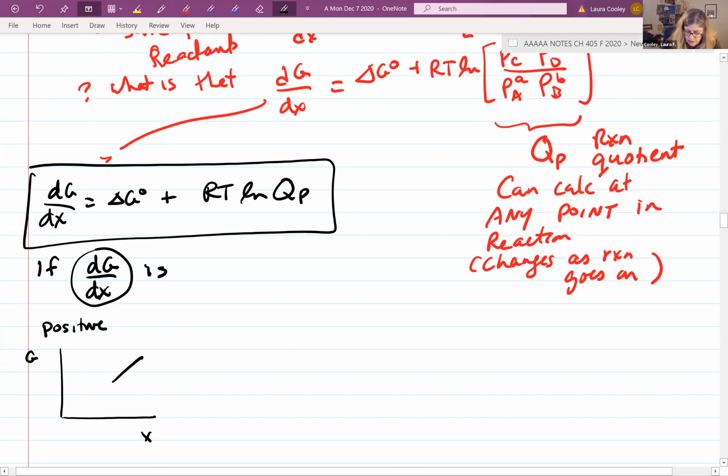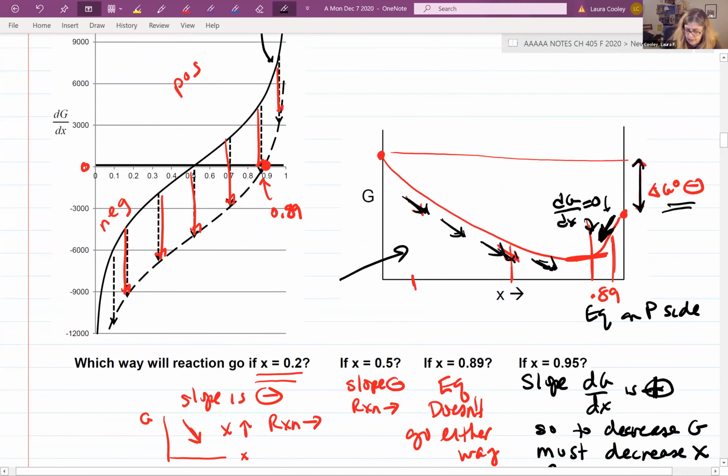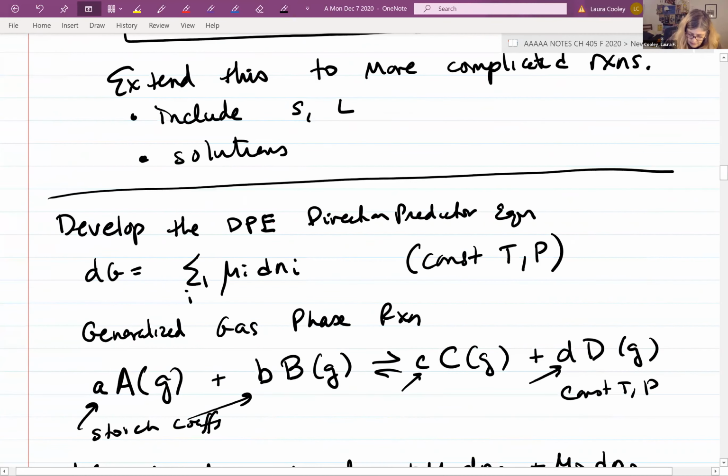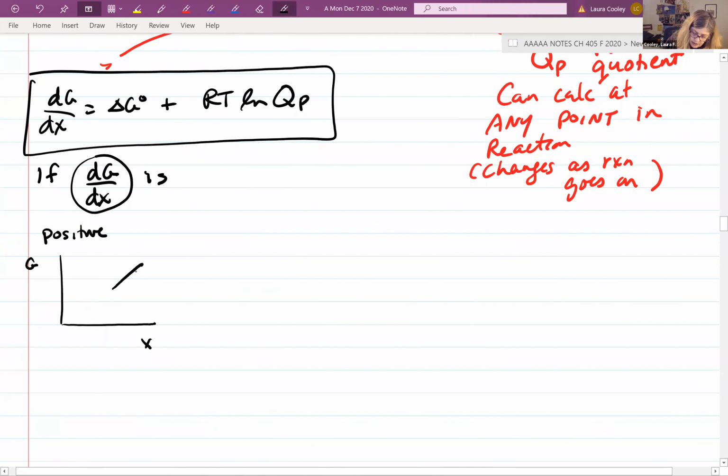It's going to look something like this. But if it has a positive slope, what does that mean? That means that in order to decrease G, the reaction is going to have to go in reverse. So to decrease G, which is what the second law tells us we have to do for it to be spontaneous, the reaction goes in reverse.